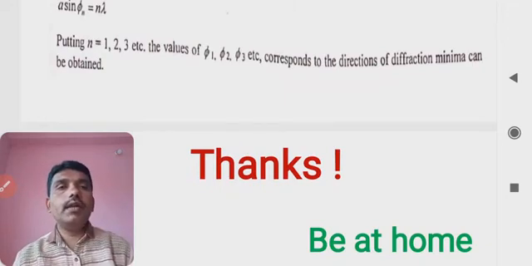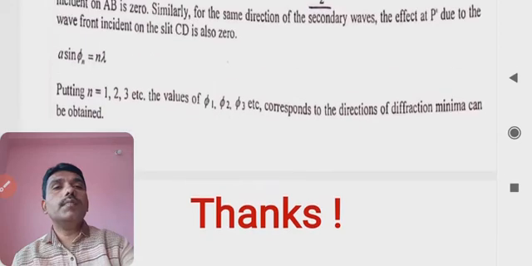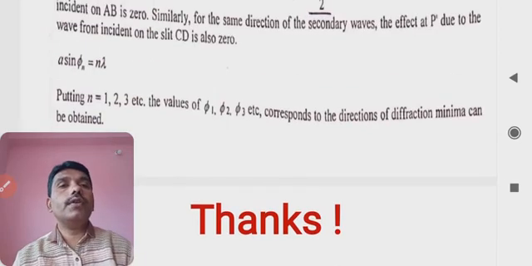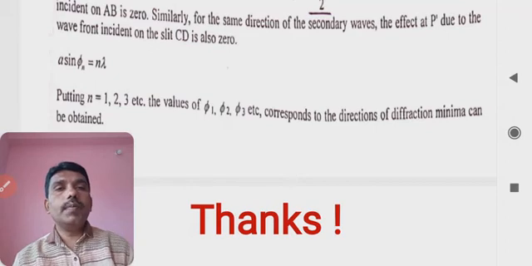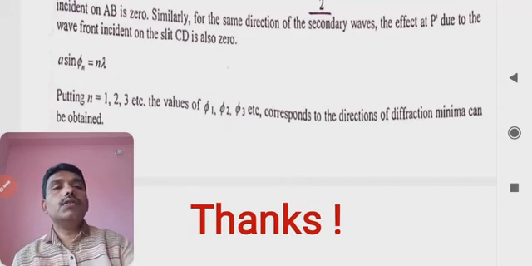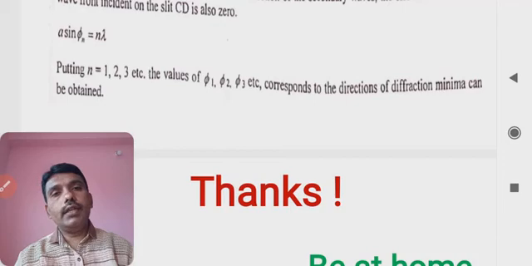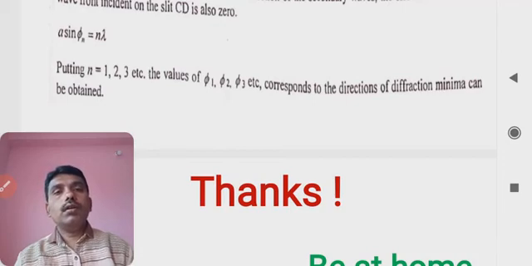The central bright maximum point we will get, but the inclined angle phi 1 will cause the minima, and those minima are calculated with a sin phi n is equal to n lambda multiples. And this is the way the diffraction minima in Fraunhofer's diffraction due to double slit occur.